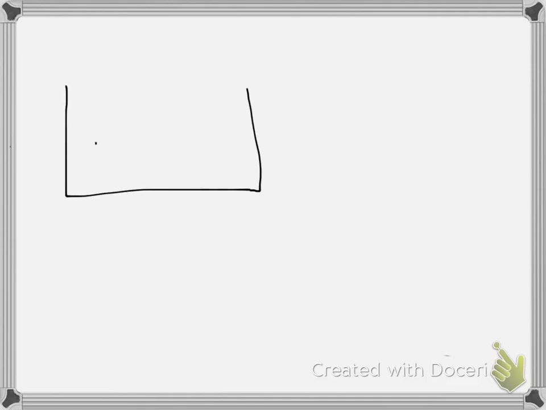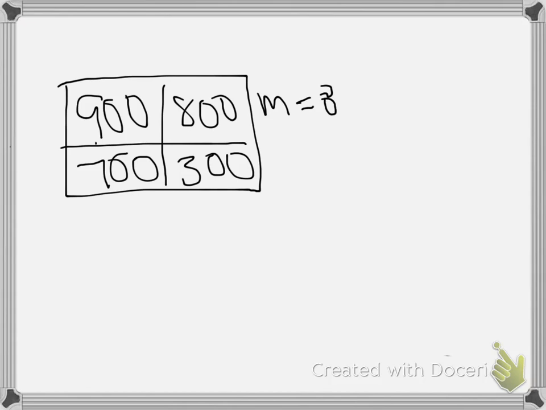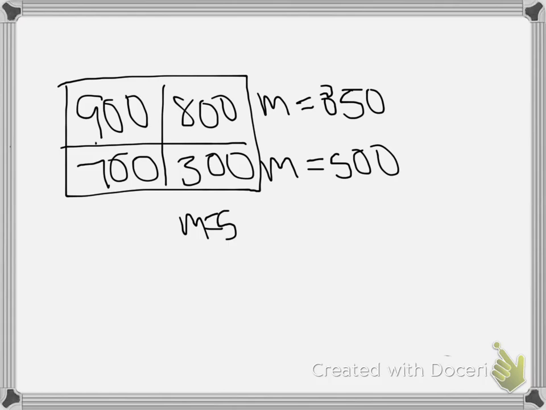So one more time, draw a box, and then 900, 800, 300, 700 were the numbers that I chose, and then I got M equals 850, 500, M equals 550, M equals 800.